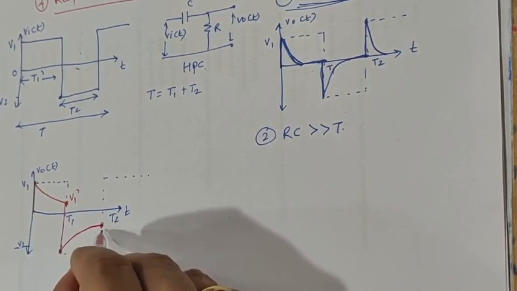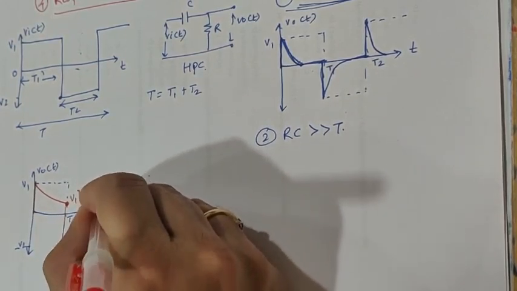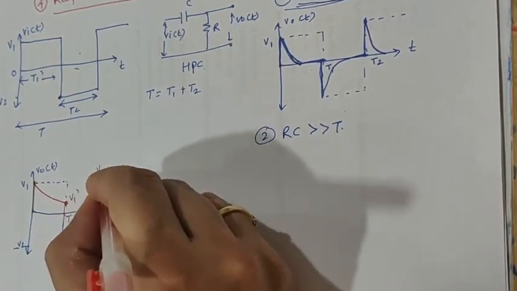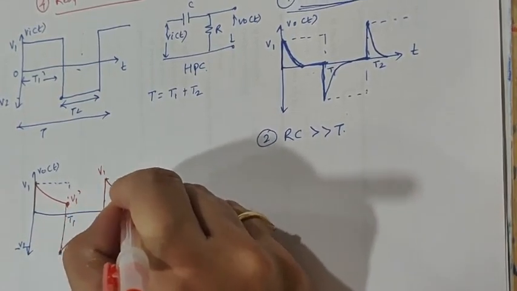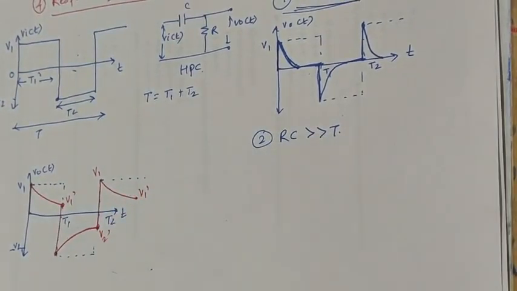Let us say it reaches the point called V2 dash, and from V2 dash again it rises to V1, and from V1 again it falls to somewhere V1 dash here. So this is what I have considered as the output of this waveform.